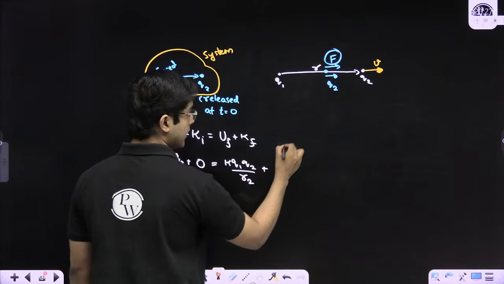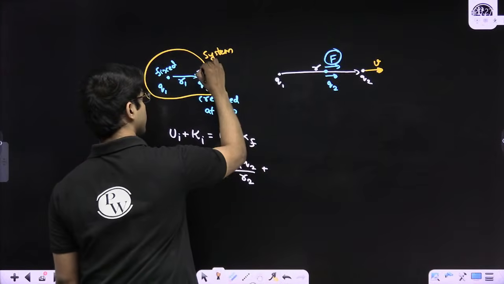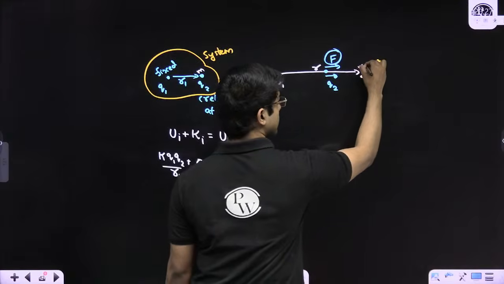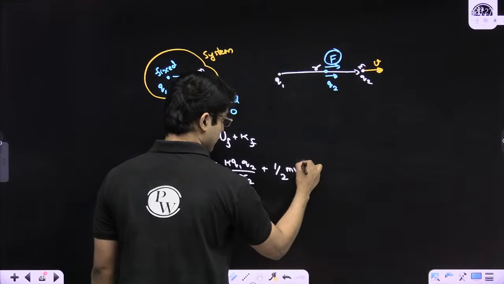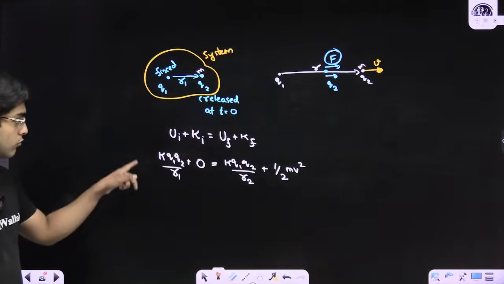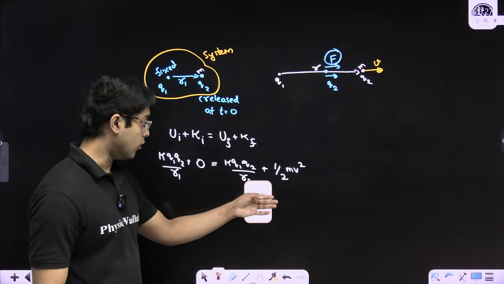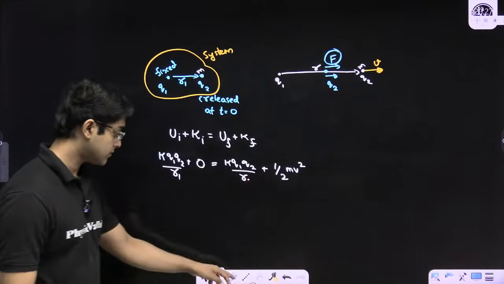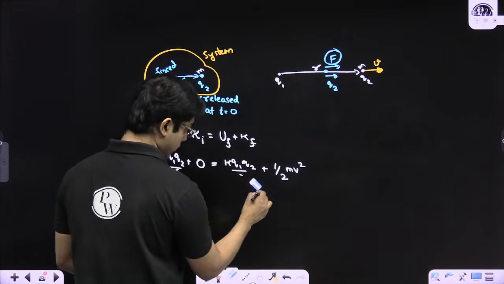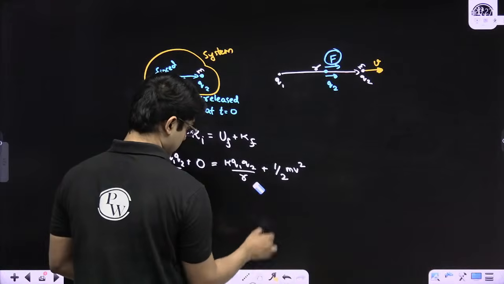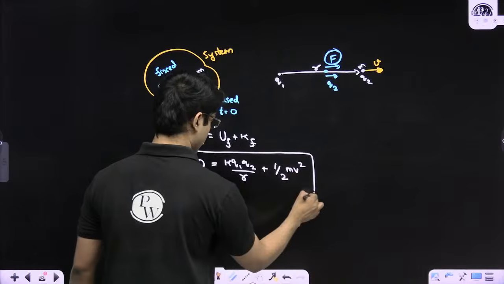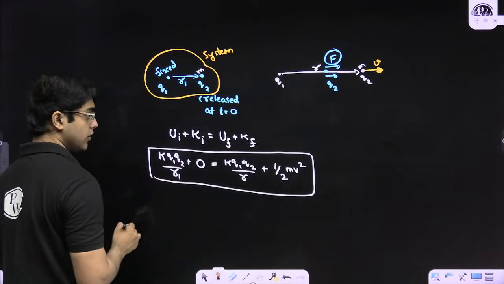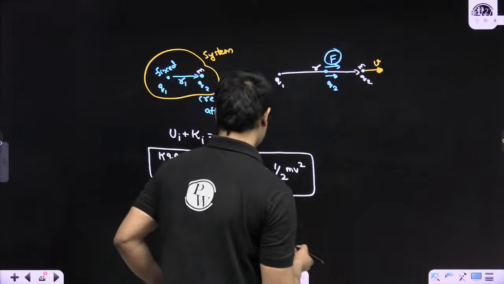And final kinetic energy, so if Q2 has a mass of m, its kinetic energy will be half m v square. So now you can solve this equation for the value of v. If you did not know the potential energy result, then you will have to perform integration to find out the same answer.